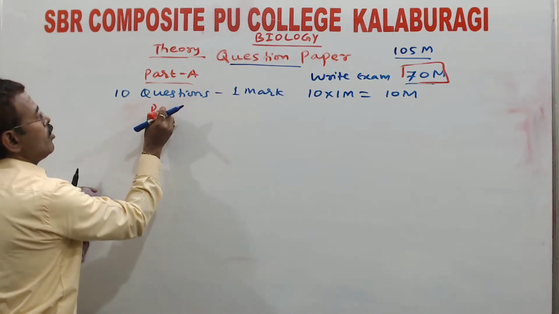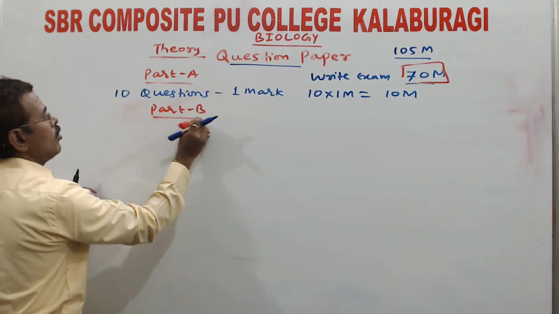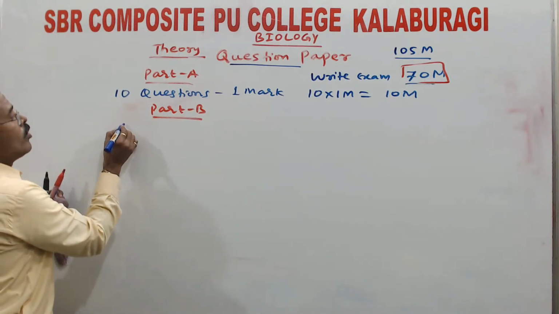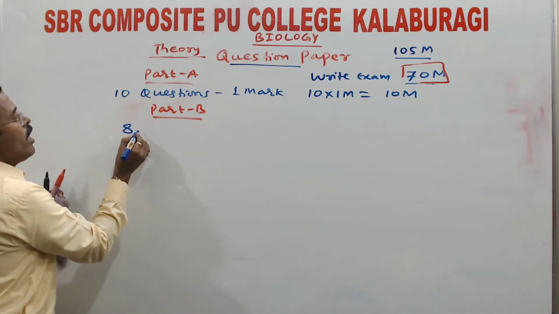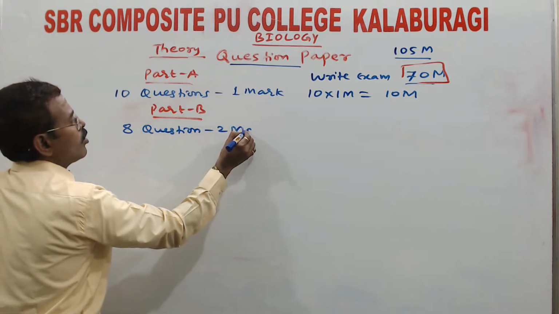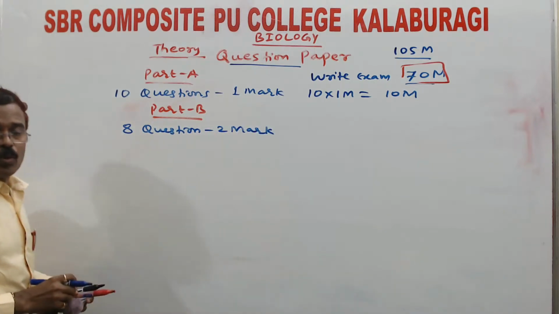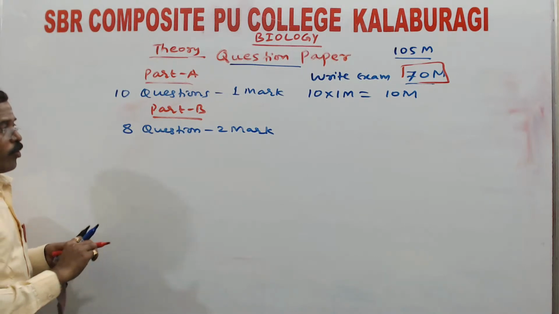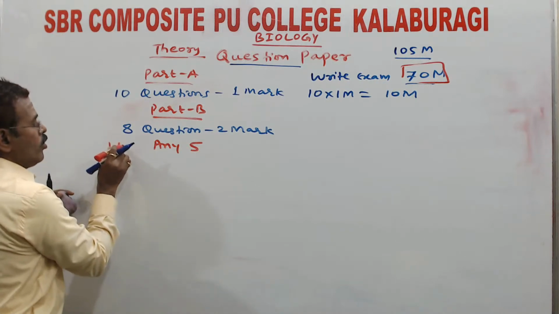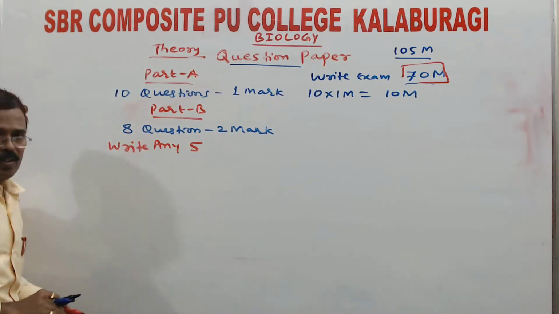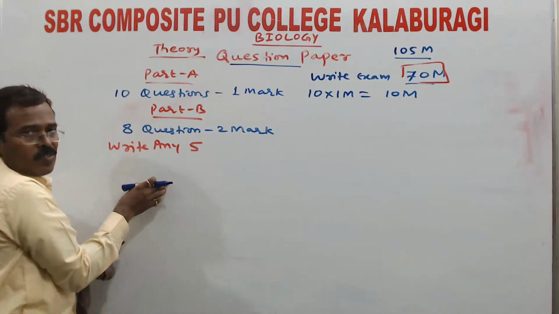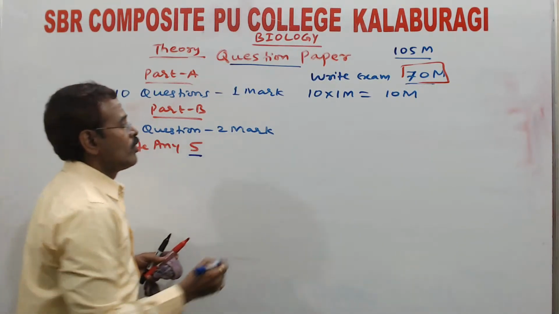Then part B, we have a total of 8 questions of 2 marks. We have to write any 5. Remember, 3 extra choice are there. 8 questions of 2 marks will be asked, and we have to write any 5.